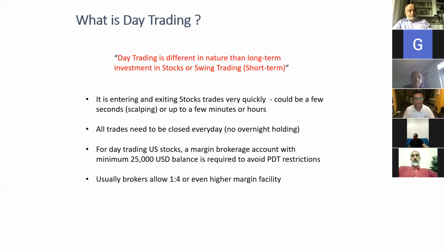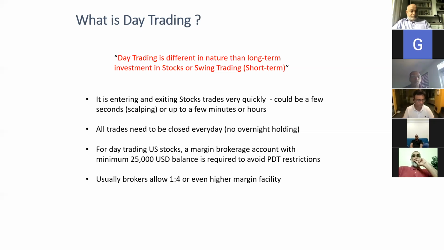But it's a two-edged sword. It means that the margin can kill you as well. If you incur a heavy loss, the broker will suspend your account, issue a margin call, and ask you to deposit additional money. So we need to be very careful about the pros and cons of the margin account.